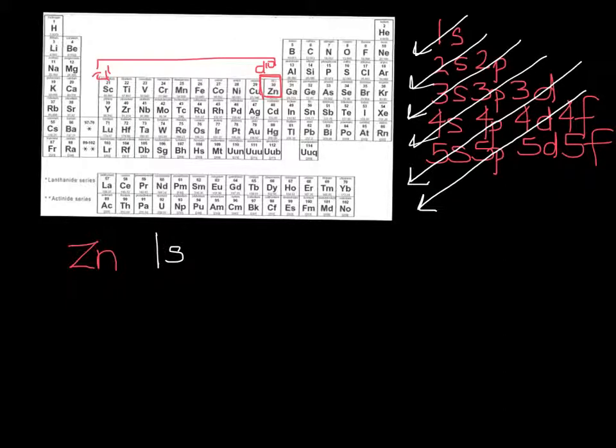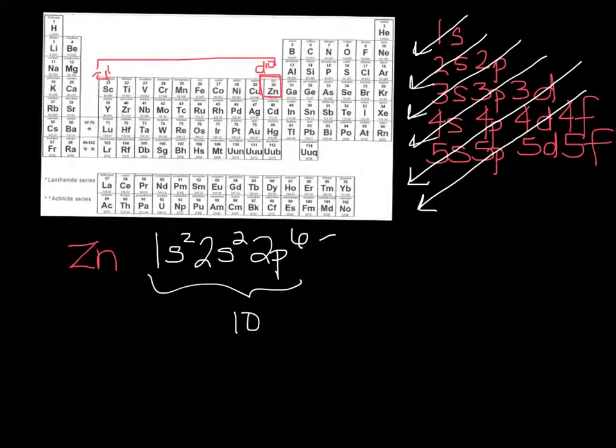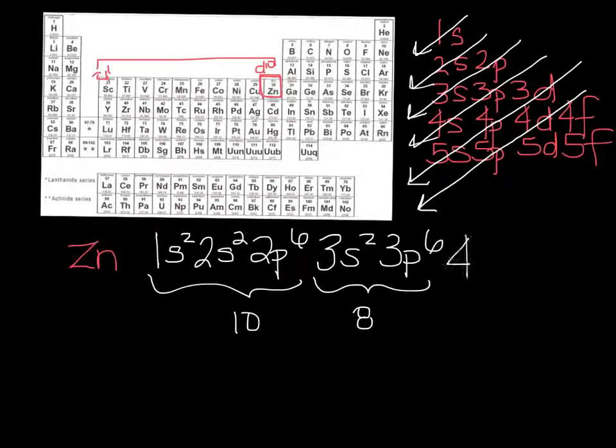Here's what will happen. 1s2, 2s2, 2p6. That takes care of 10. Then 3s2, 3p6. That's another 8. We're up to 18. 4s2. That's going to be 20. And then back to 3d.